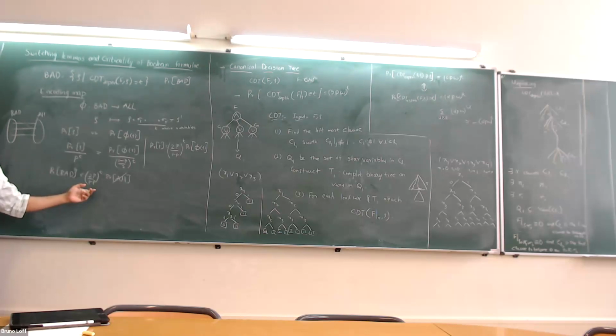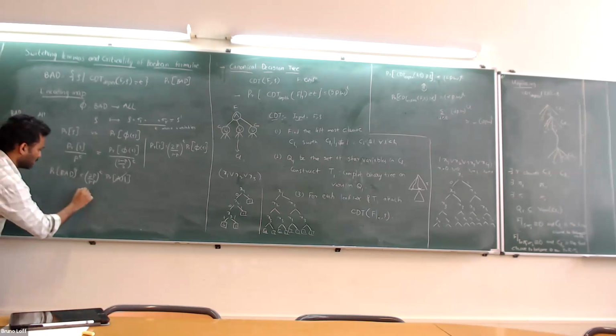If they were 1-to-1, this is one. Suppose it's many to one, and you have a bound on this degree. Let's say it's B. So what would this be?